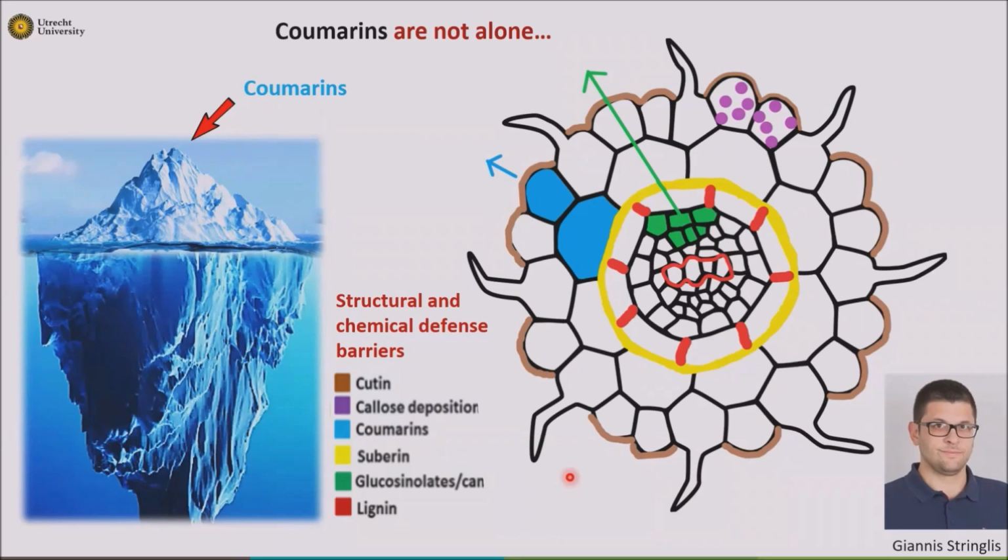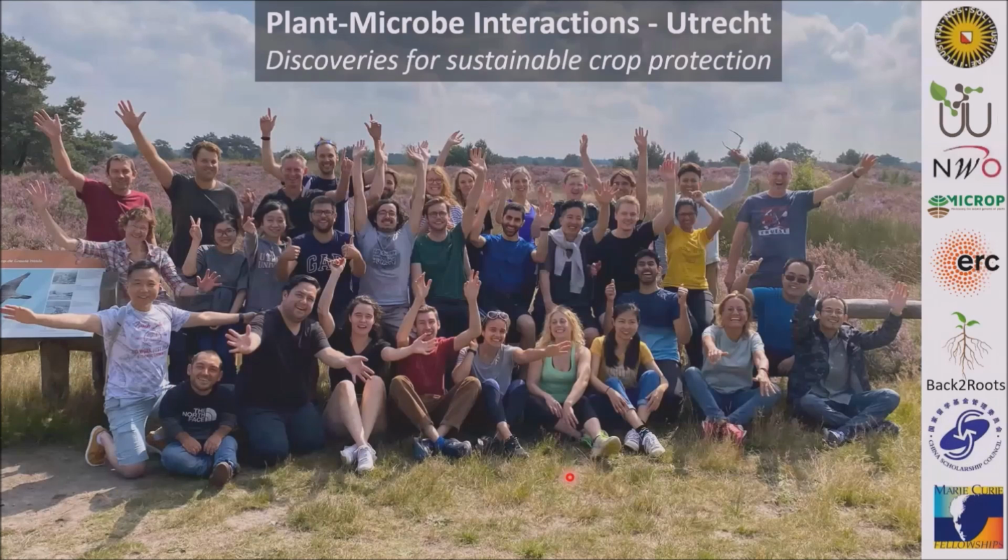This knowledge is very important because in the future we would like to use it to maybe develop better bioinoculants so that we can sustainably protect plants against pathogens and insects, and maybe also use less fertilizer by letting the plant grow better through its microbial community in the soil.